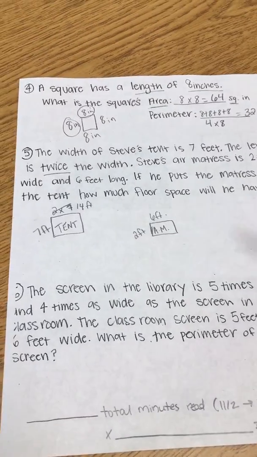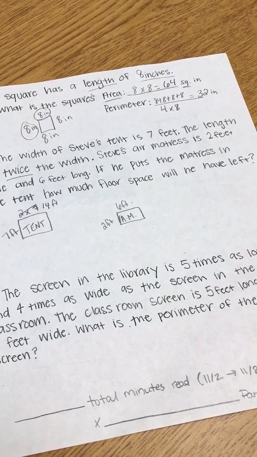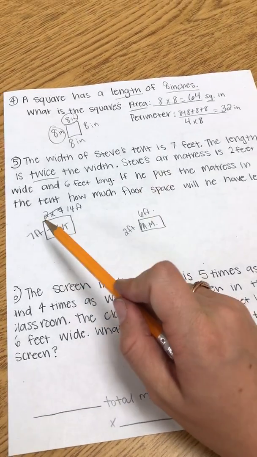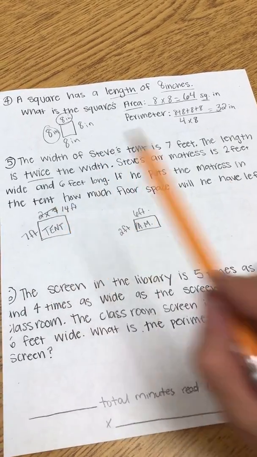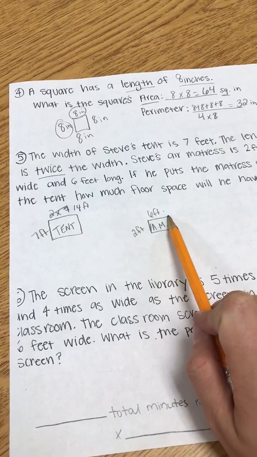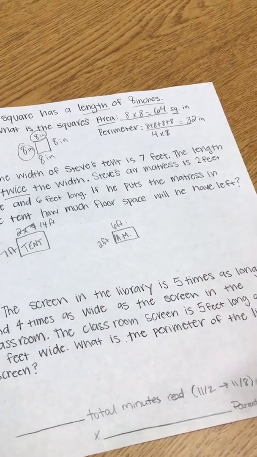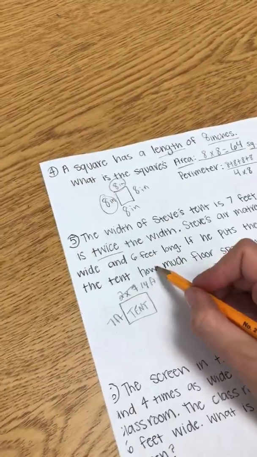If he puts the mattress in the tent, how much floor space will he have left? So this is my tent. This is the size of the floor of my tent, 7 feet by 14 feet. This is my air mattress. It takes up 2 feet by 6 feet worth of space. I'm trying to figure out how much floor space he will have left.